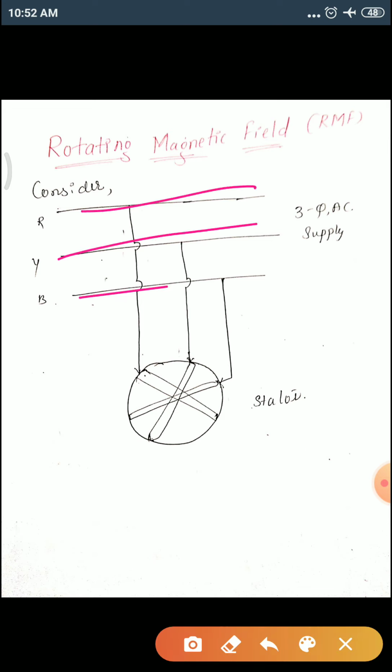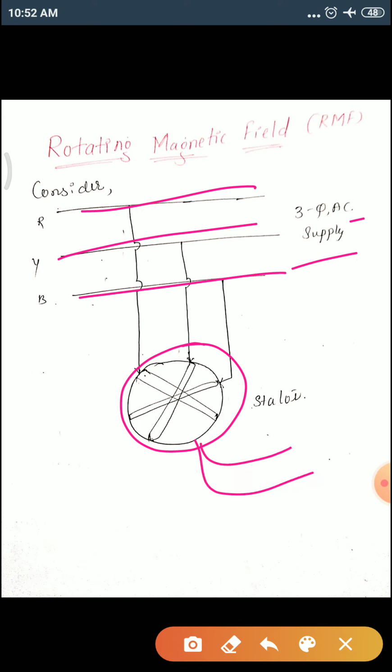Consider the stator of a three-phase induction motor. If you give a three-phase supply to this, what happens? A three-phase induction motor carries a three-phase star or delta connection. When you give a three-phase supply, three-phase current starts flowing simultaneously through the windings.